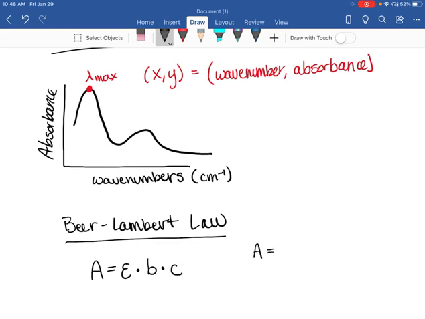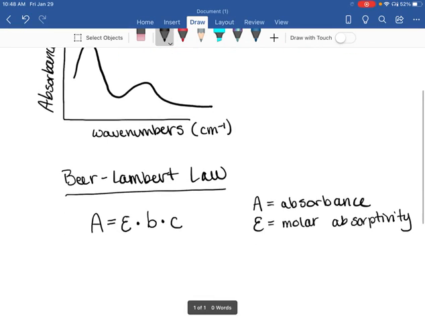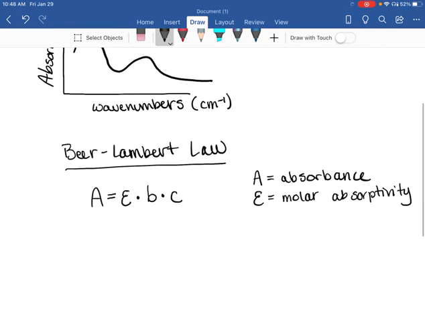So again, A is absorbance, epsilon is a molar absorptivity, and that's usually a constant that you find, or you can also calculate it depending on what data you have.